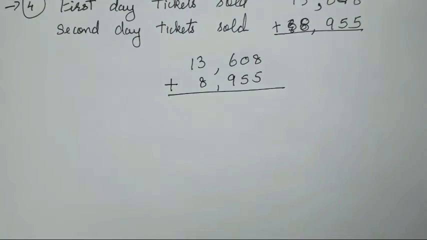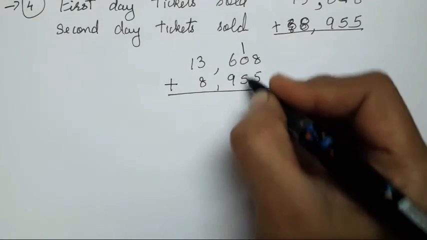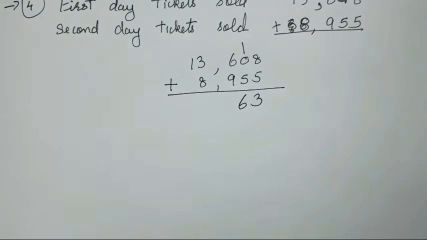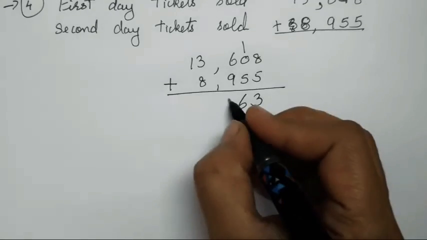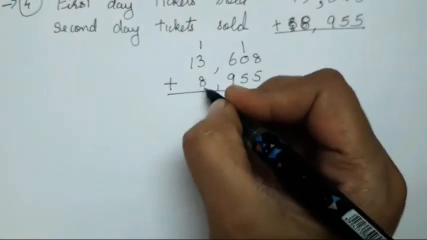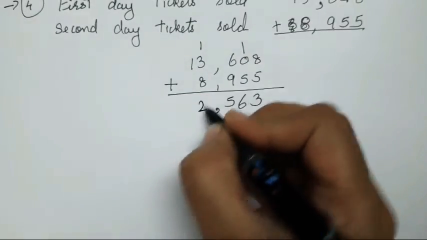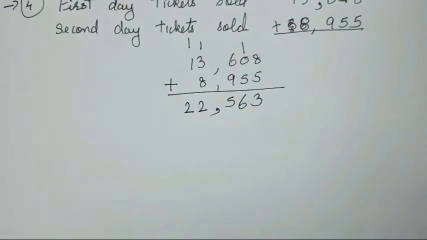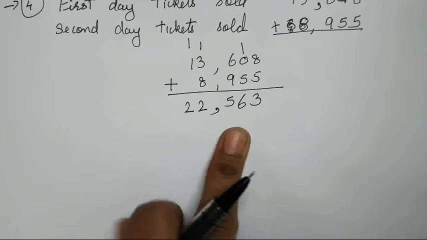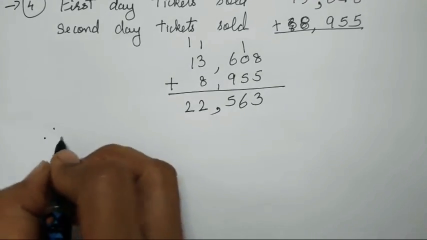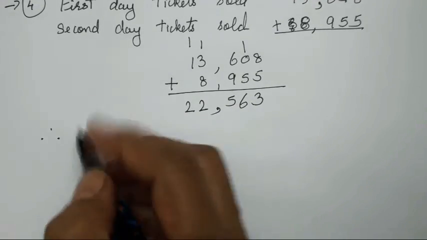After 8, 9, 10, 11, 12, 13. 5 plus 1, 6. After 9, 10, 11, 12, 13, 14, 15. After 8, 9, 10, 11, 12. So 22,000 tickets were sold in the first 2 days.